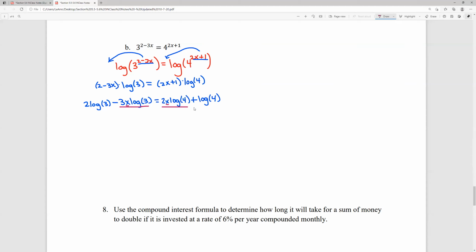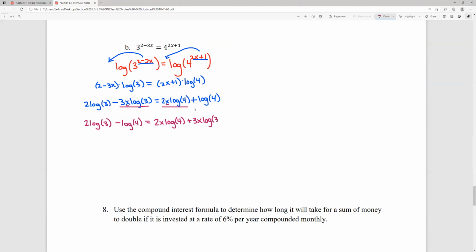So I'm actually going to add the 3x log 3 to the right, and I'm going to subtract the log 4 over. As long as you do your operations correctly, it doesn't matter which way you move them, our fractions should still equal the same decimal in the end. So I'm going to subtract the log 4 over to this side. On this side, I'll have the 2x log 4 that was already here, and I'm adding the 3x log 3.